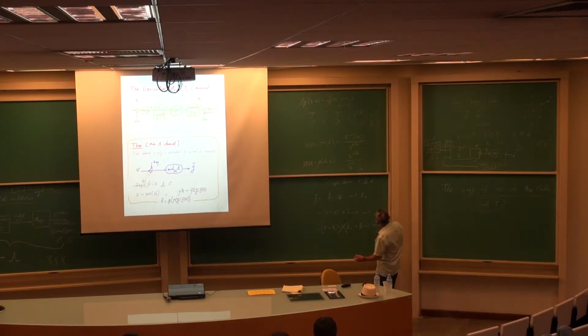And by data processing, or by Markov, since everything here is like a Markov chain, V must also be independent of x hat minus x, because x hat is a function of y, and y is a function of x. So we simply have here V plus this, which is the equivalent noise, modulo lambda 2. So this is a modulo additive noise channel.